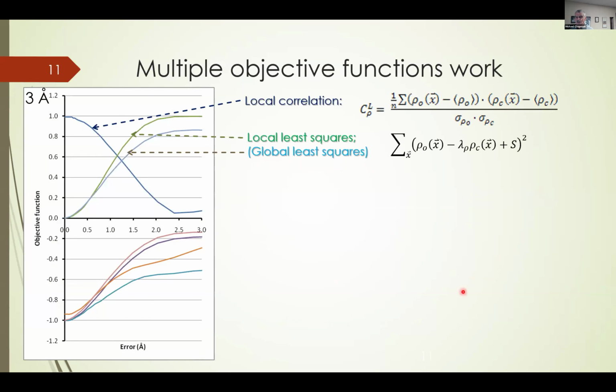Now, here we're going to be looking at both least squares residuals, where we see a minimum at the true structure. So what I'm plotting here is the objective function value with error along the horizontal axis, as we're taking, in this case, a peptide structure and translating it by an error that is listed here.